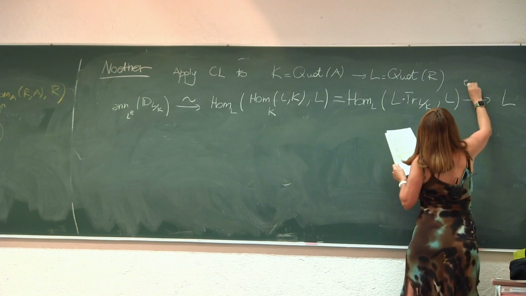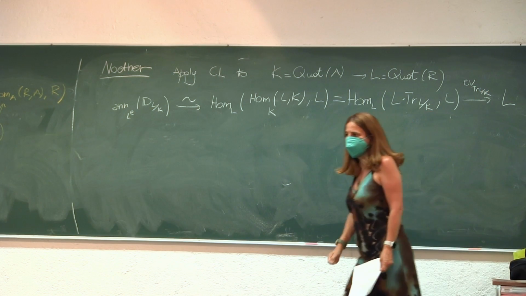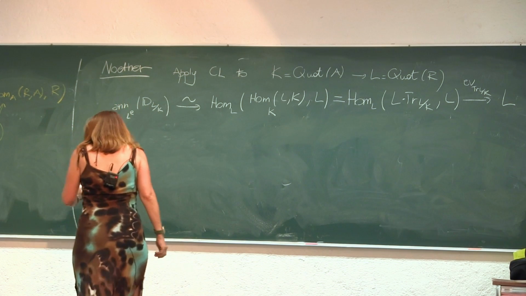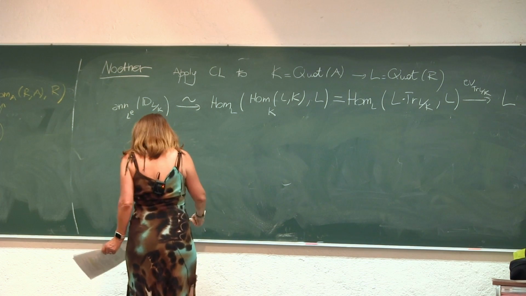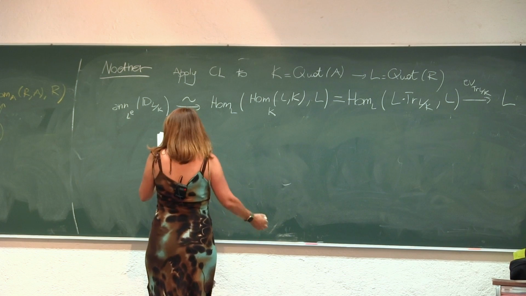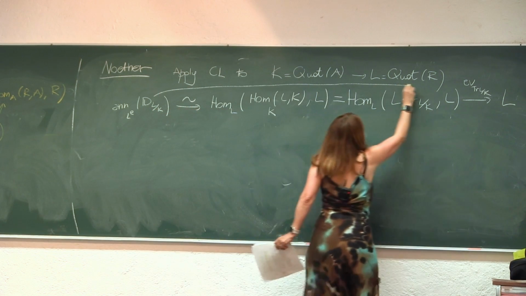And here you have equality, because if you remember, this Hom is L times the trace. We saw that before, the trace of L over K in L, and then you go to L with evaluation of the trace map. Okay? So you have this long diagram.